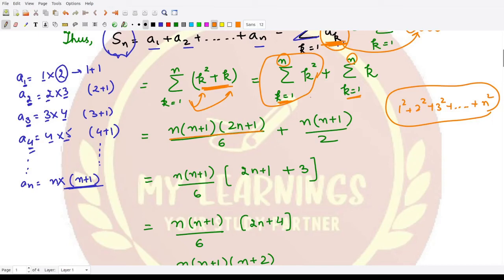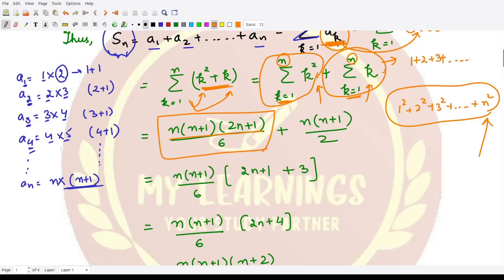Notice that all the terms were in k in the above line, and here we are writing the terms in terms of n, because we are moving up to n when we open up this summation. Similarly for this term, you can write all the terms like this: 1 plus 2 plus 3 plus so on up to the last term, which is n. When you add all of them, that is the sum of the first n natural numbers, so it would be n into n plus 1 divided by 2.